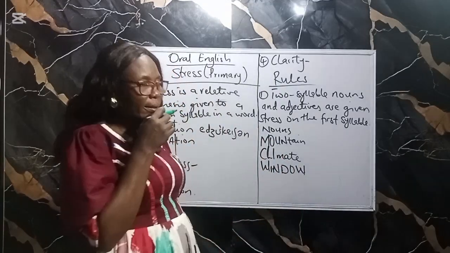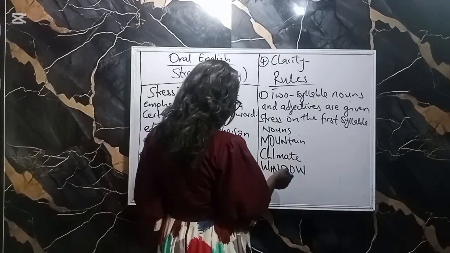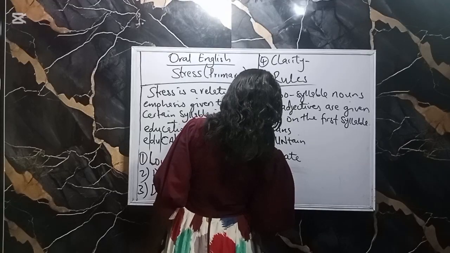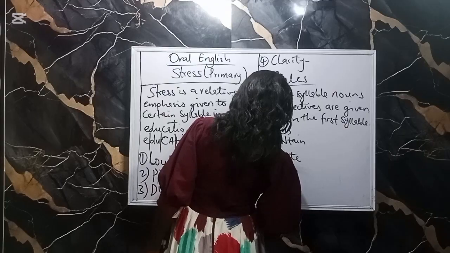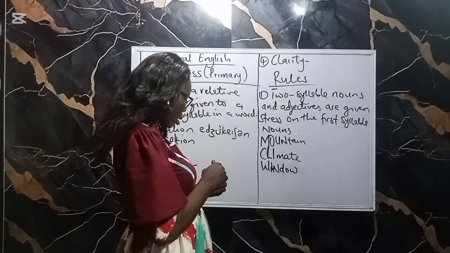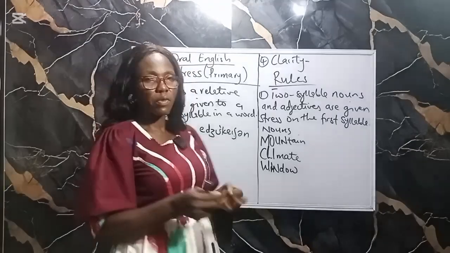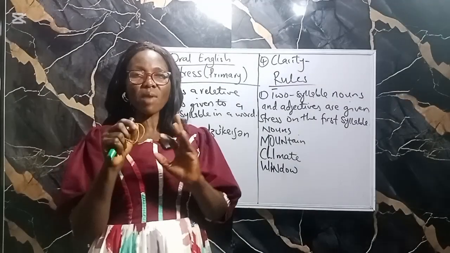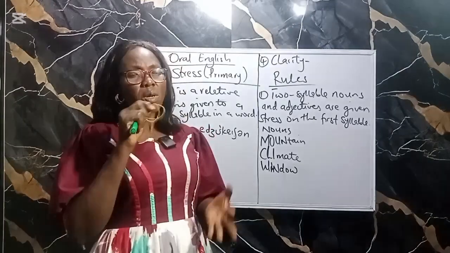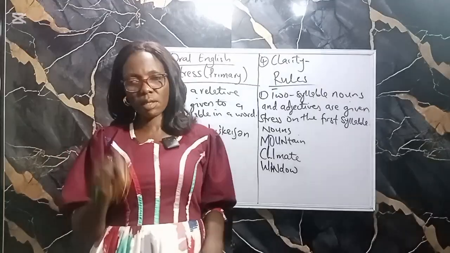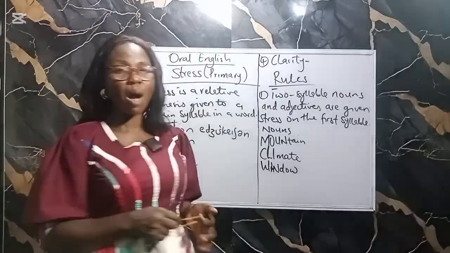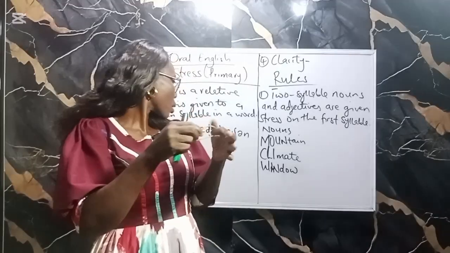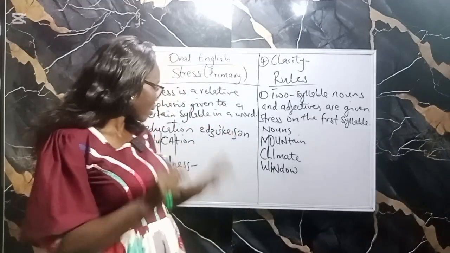Alright, let's just take three examples. Now you can see, window, we stress the first syllable. Remember, these are nouns. We said they are 2 syllable nouns, and we stress them on the first syllable. Now let's pronounce: mountain, climate, window. Okay, that is it.